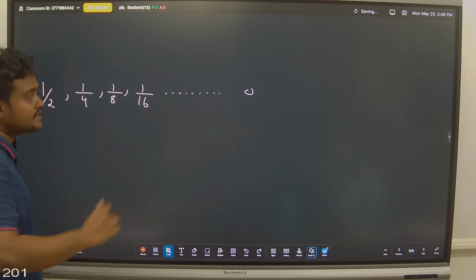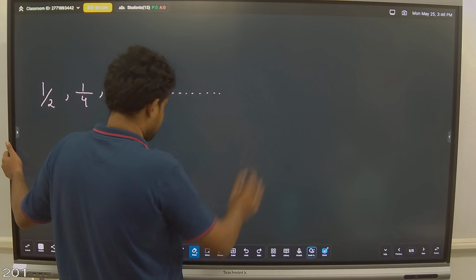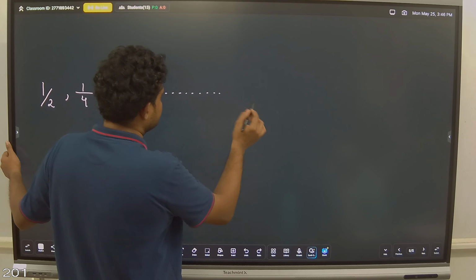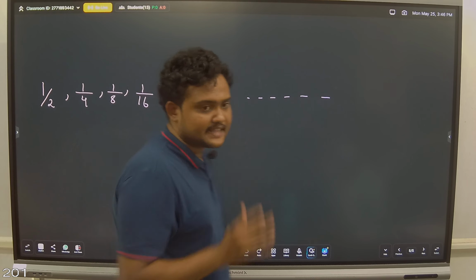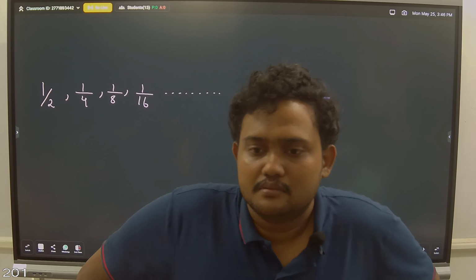It will become 0 on the infinitieth term, so don't worry about that. So on, right? It is infinitely extending. There are infinite terms. What is the sum of those infinite terms?